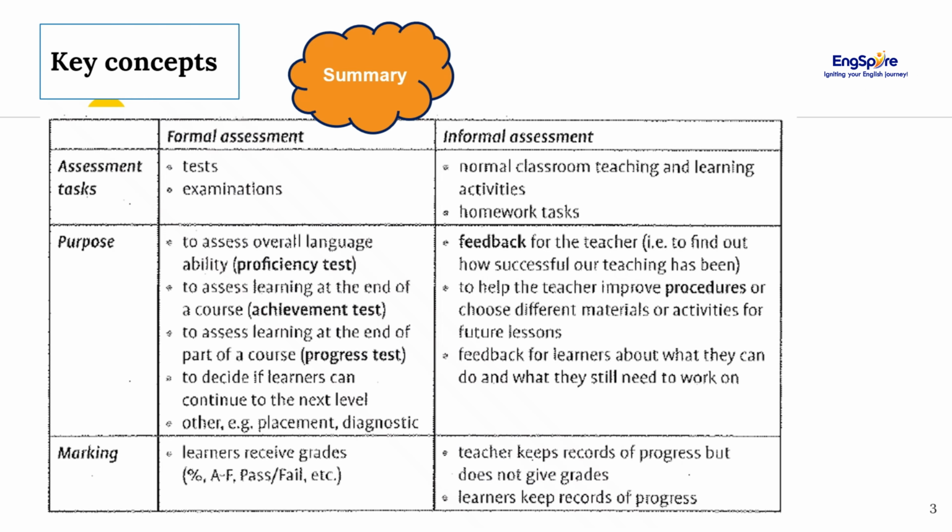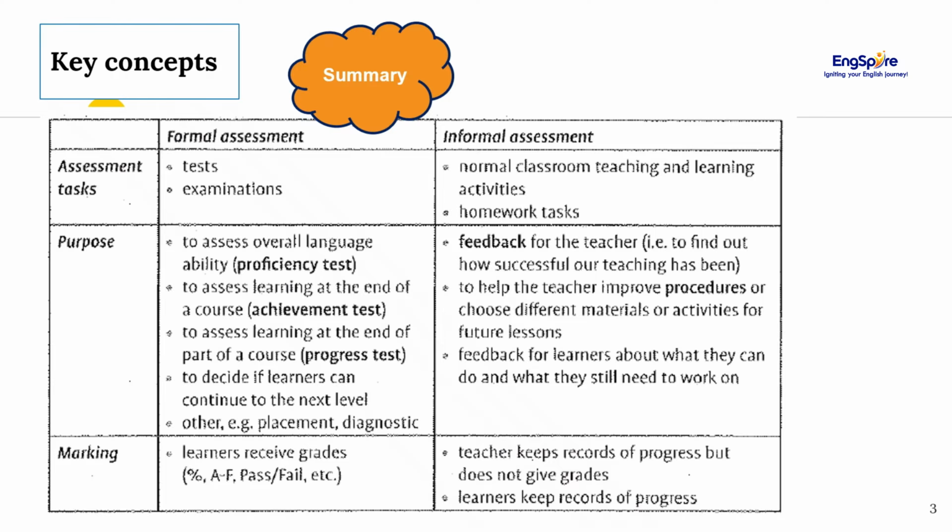Now, let's look at some key concepts related to formal and informal assessment. As we can see in the table, formal and informal assessment differ in terms of the tasks, purposes, and marking. Formal assessment usually includes planned assessment tasks such as tests and examinations.